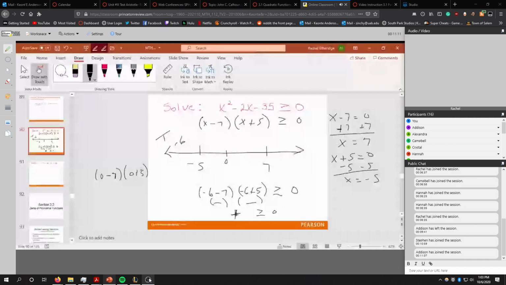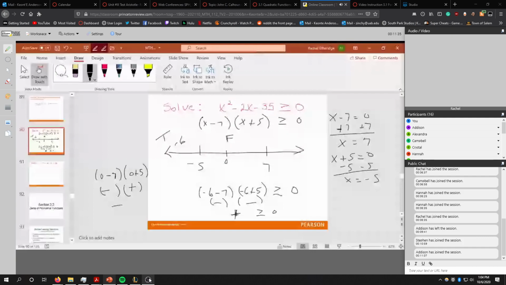Sorry, the stylus doesn't do as good as my other. So I get a negative here and I get a positive here, so that gives me a negative. That is not greater than or equal to 0. So in the middle between negative 5 and 7, we get a false.